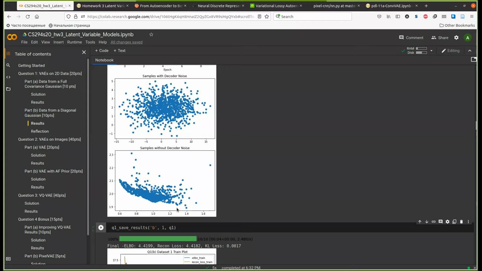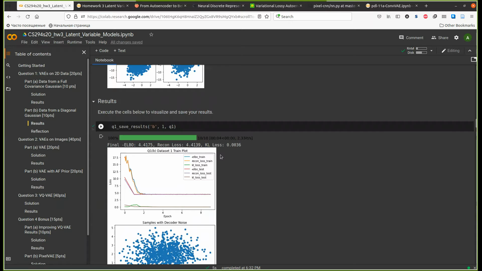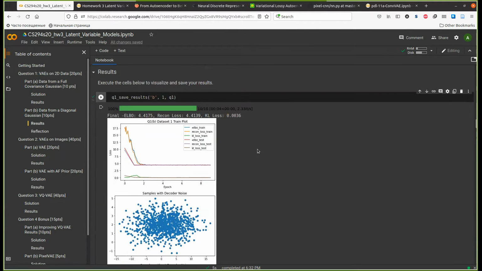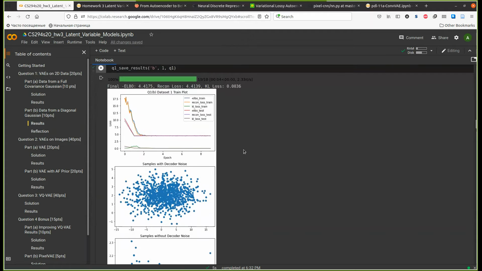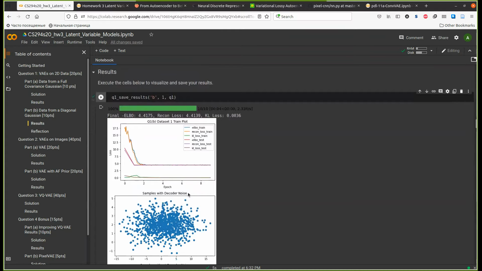And you can see what our encoder or decoder does. And the low KL divergence here basically means that our latent variable is very close to the standard normal. And why would that be? Yeah, the answer is that our decoder can model this distribution perfectly without any latent variable, right?